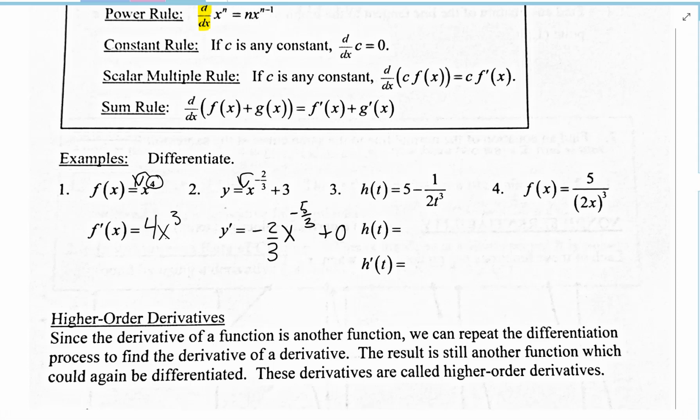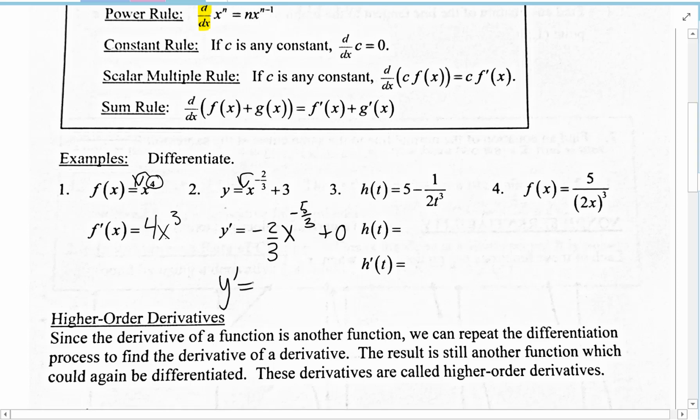Your answer shouldn't have a negative exponent, so just go ahead and clean that up. Y prime is how we say this, or f prime of x, that little apostrophe, is going to be negative 2 over 3x to the 5/3. It is fine if you leave a fractional exponent in the denominator.